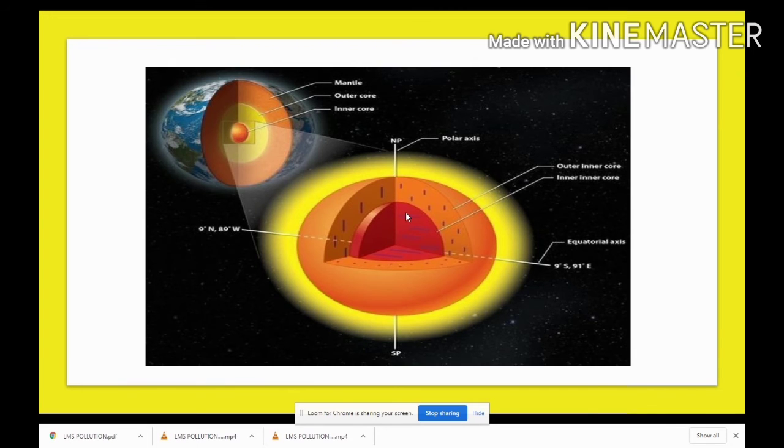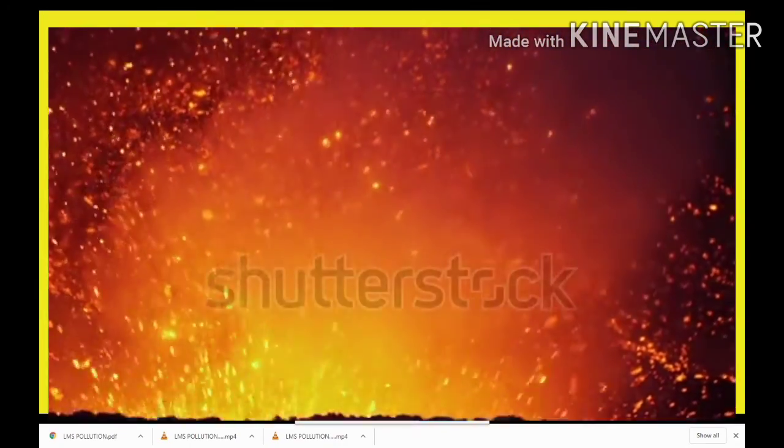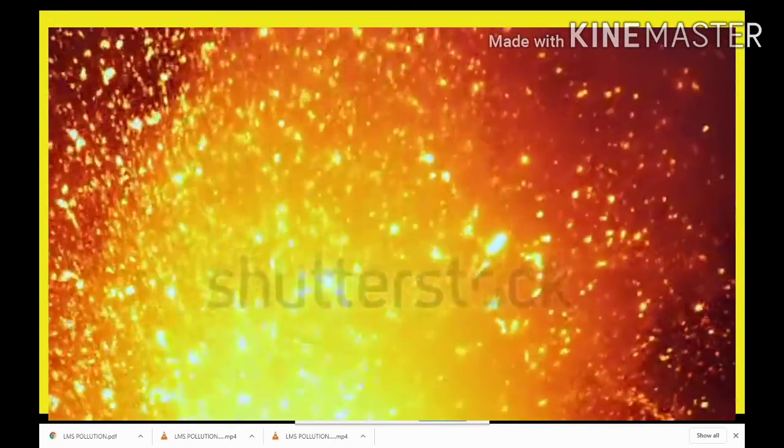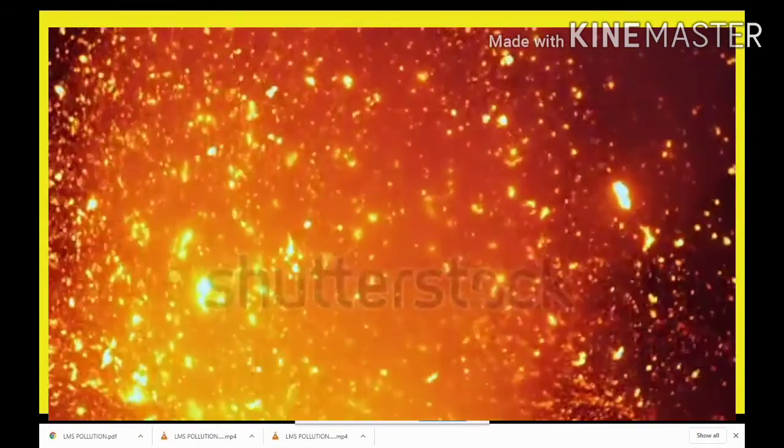It has a temperature of around 2200 to 2700 degrees centigrade, but at the center of the earth, it is 6600 degrees centigrade. So the inner core is the heart of the earth. It contains nickel and ferrous iron. That's why it is called the NIFE layer, or nickel-iron layer.